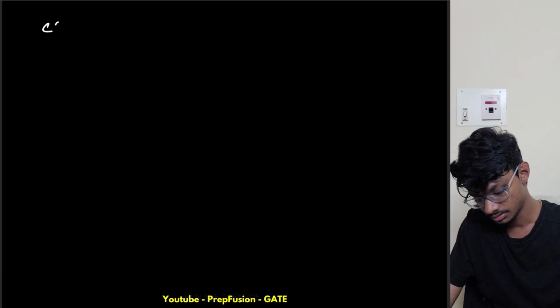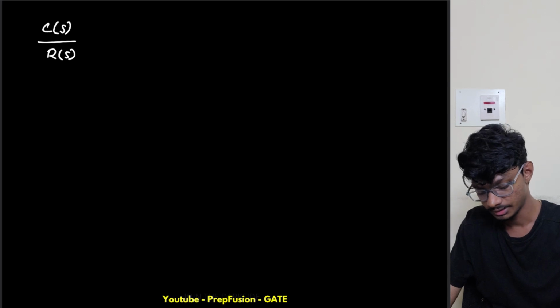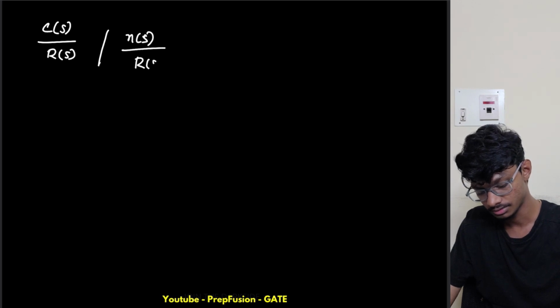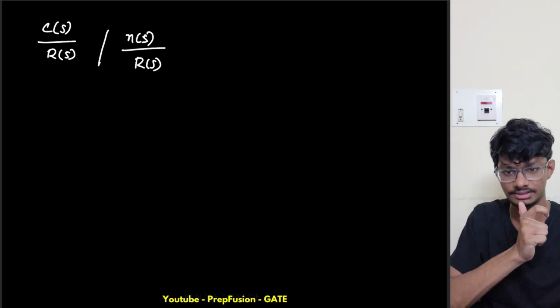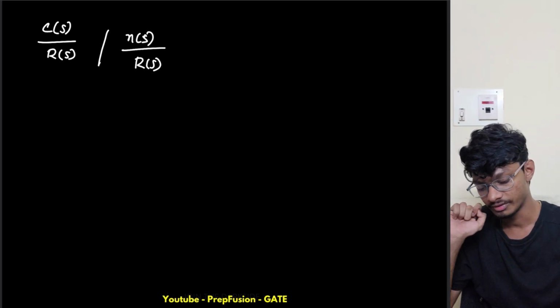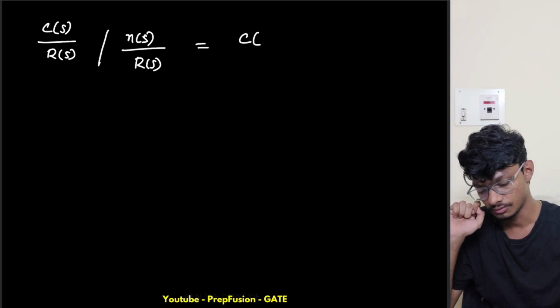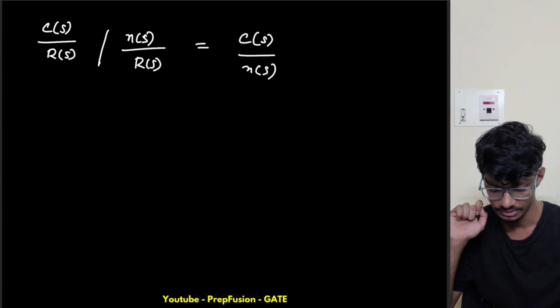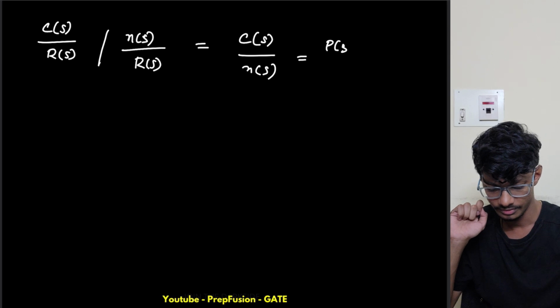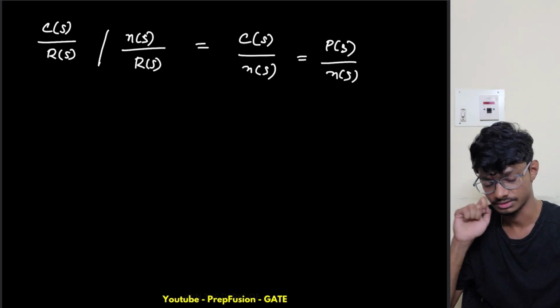I will find C(s) upon R(s). Then I will take the ratio of simply this N(s), that is also output, upon R(s), and the R(s) will get cancelled. We will be left with simply C(s) upon N(s), and that is basically equal to P(s) upon N(s).